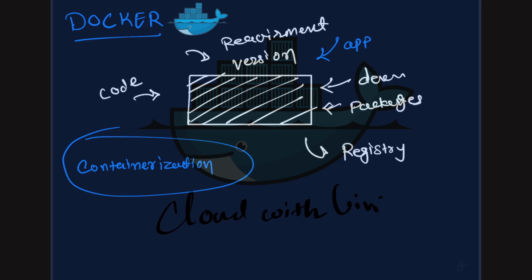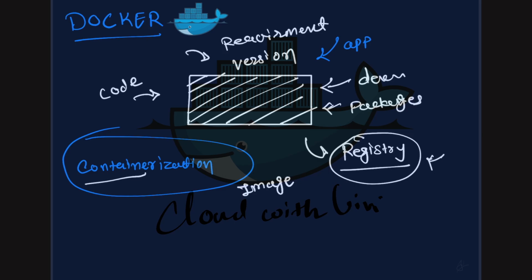We will see what a registry is, what a container is, and what an image is in upcoming videos. But just assume that you need to download the Docker image from that registry and run it on your PC, and it will work.